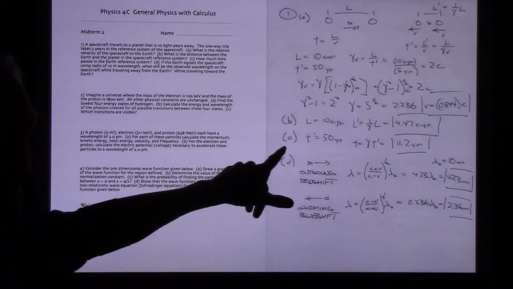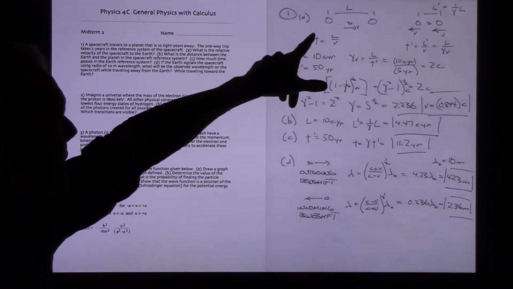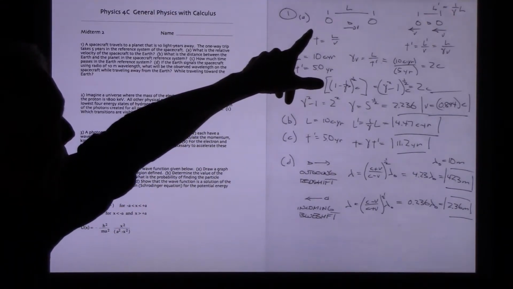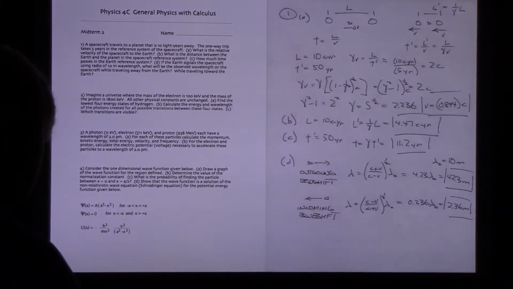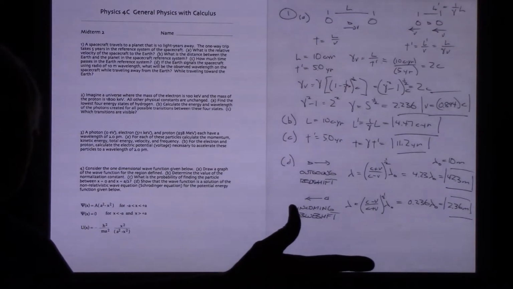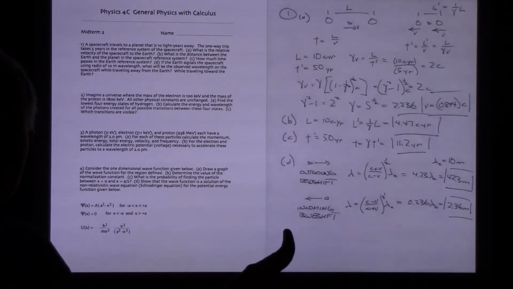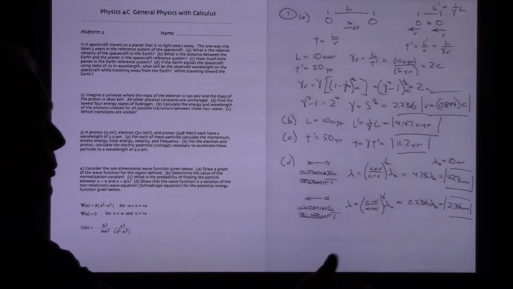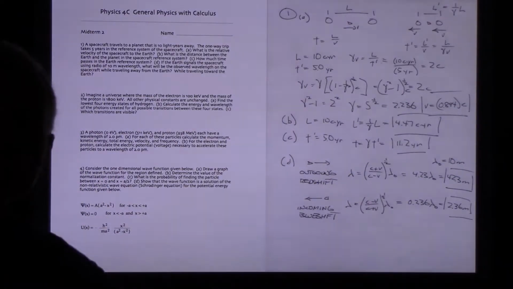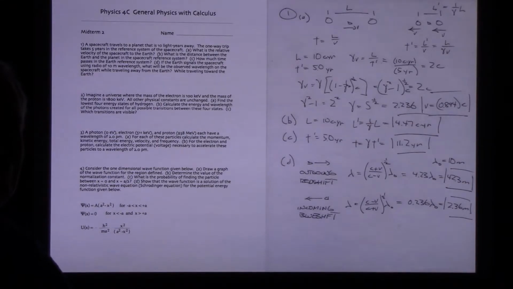Now how much time is going to take place on Earth while the astronauts are gone? It's going to be 11.2 years during the time the astronauts are traveling out to the other planet. So during that 5-year interval on the spacecraft, 11.2 years transpire on Earth.